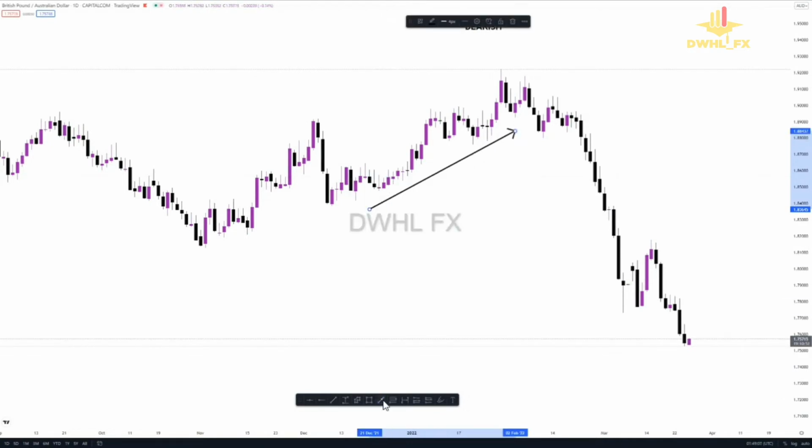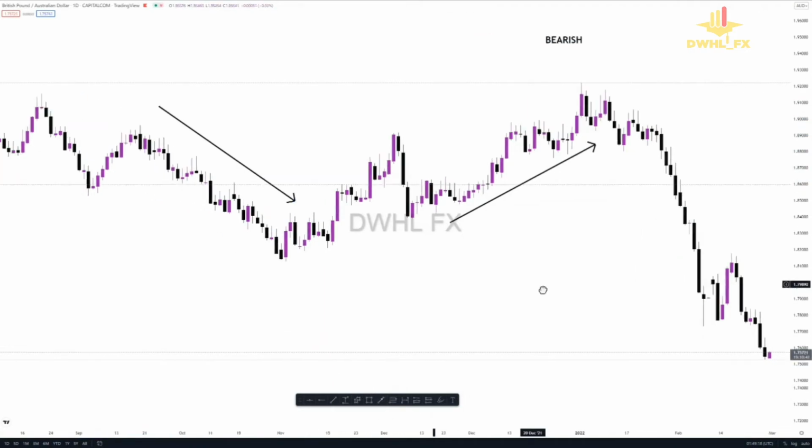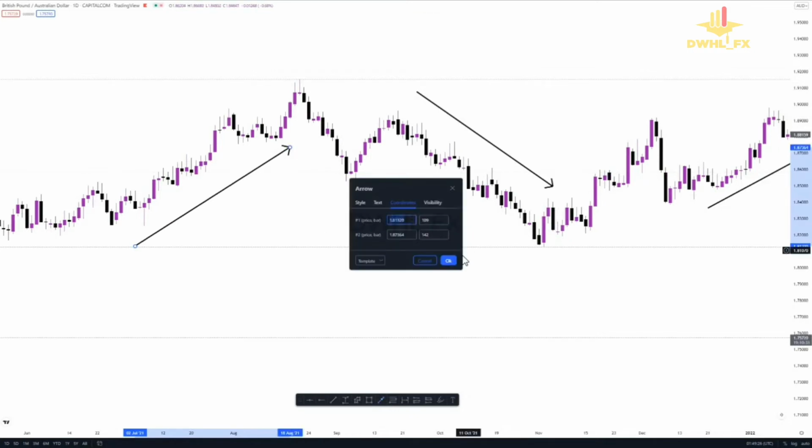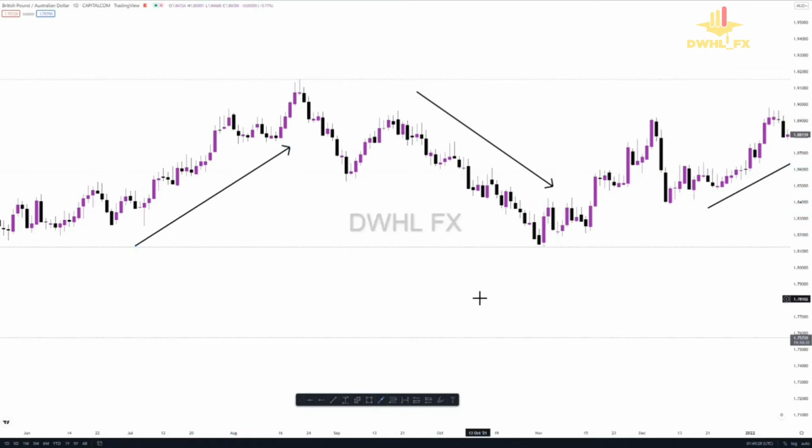This is basically a downtrend or a bearish movement. This is another uptrend. This is another uptrend. Very basic, but yet very powerful.